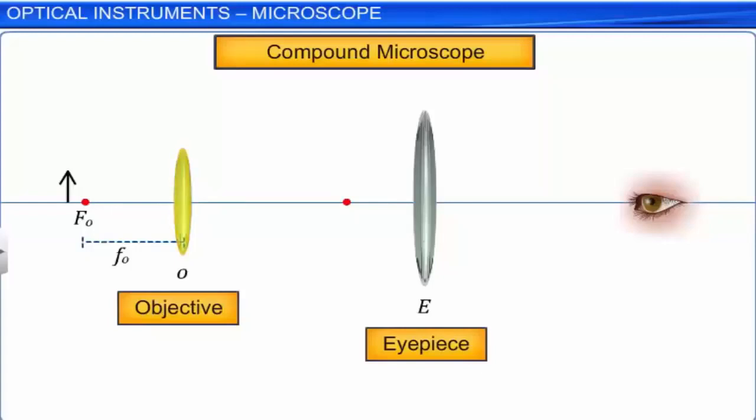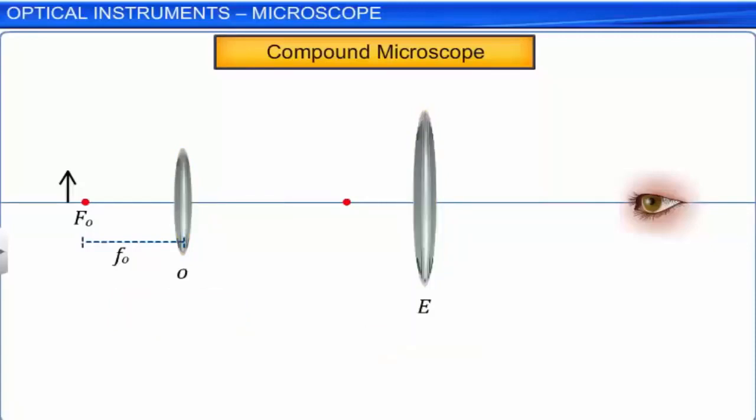Let a small object AB be placed at a distance that is just greater than the focal length of the objective FO. When the light rays from the object are incident on the objective, it forms an image A'B', which is real, inverted, and magnified.